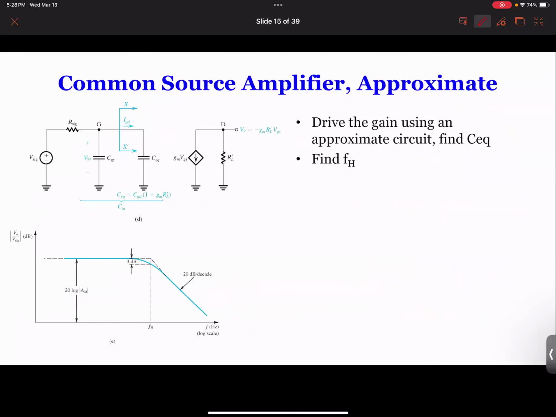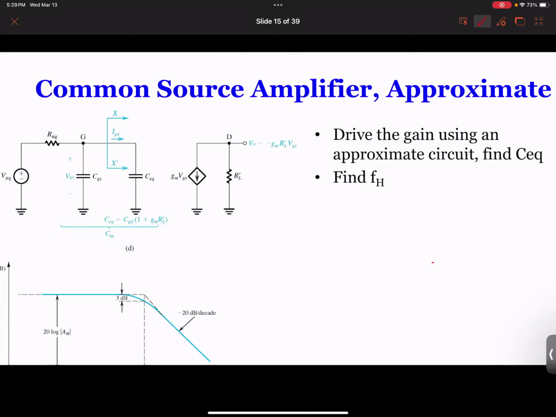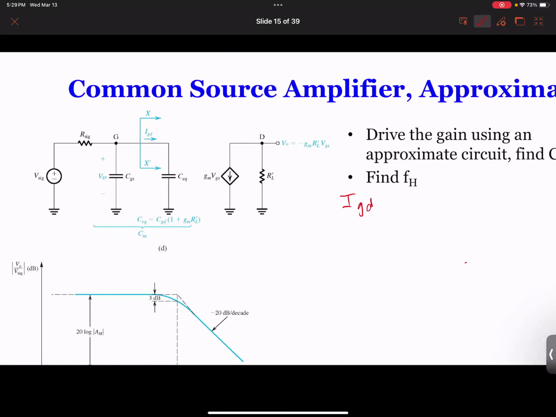So you have all these numbers, and you can plug this in. Eventually, in the book, they will tell you to find this, because earlier we calculated IGD. So now, if that IGD is already calculated, I'm going to use an equivalent capacitor here, CEQ.